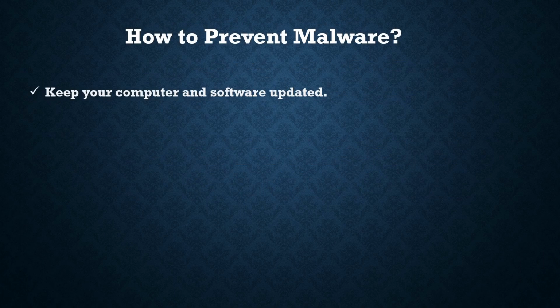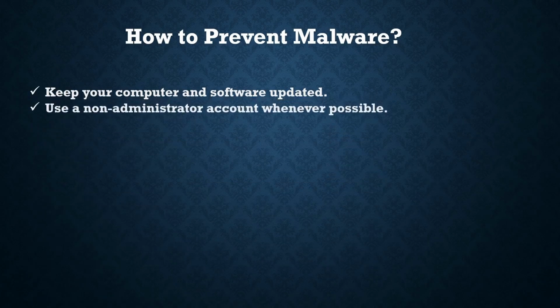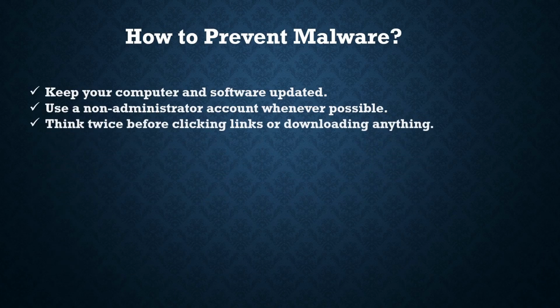Now let's see how to prevent malware. The first prevention tip is to keep your computer and software updated. Next is to use a non-administrator account whenever possible. Don't just log into your root account or your administrator account for all activities. Next is think twice before clicking links or downloading anything. So basically, think before you open any email, click on a link, or download any attachment from an untrusted source.